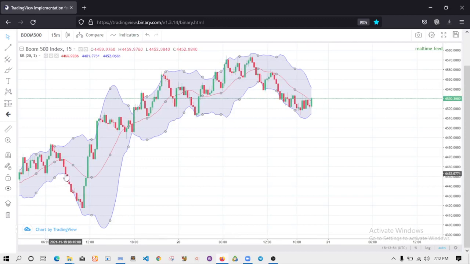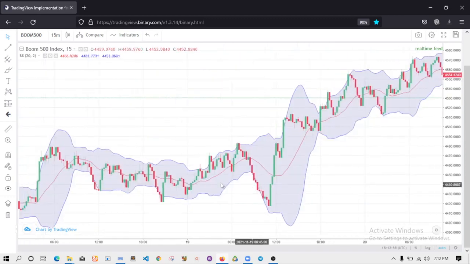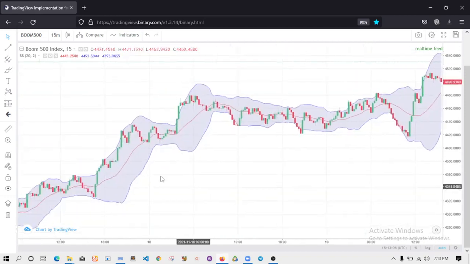Assuming you bought here, you can see you're losing the trade to this point. If you enter this trade here, you will lose. That's basically what you will see everywhere online. Most times, once it's at the upper bound, you sell; lower bound, you buy. But that's not what I'm here to show you.